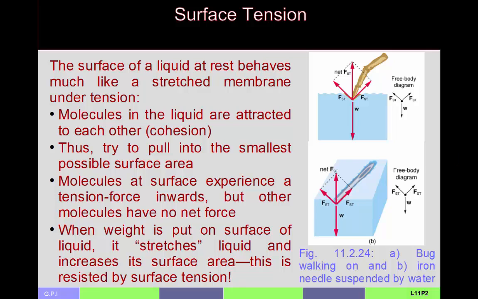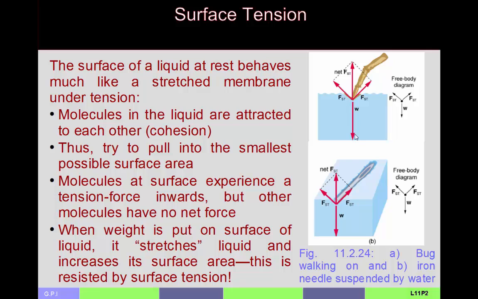And so the end result is that you can end up having a tension force from the liquid which acts upon the object which is placed at the surface. And so there's weight downward, there's two tension forces, one to the left and one to the right, as seen in this diagram, which add up into a net tension force.